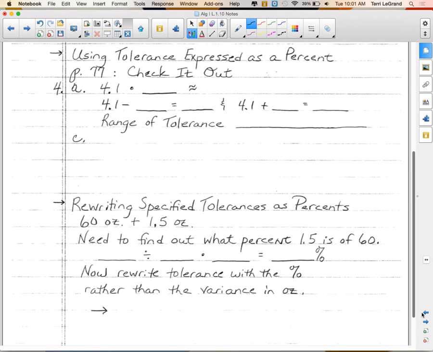So when you measure a group of objects that are expected to be similar, you may find that there are variations from the expected value. That happens. Tolerance describes the amount by which a measurement is permitted to vary from a specified value. So sometimes you can't hit it just dead on, but they say, well, give or take, and they'll let you have a little bit of tolerance for it.